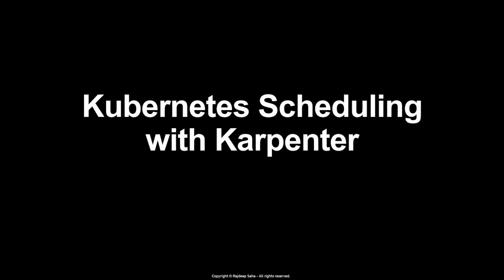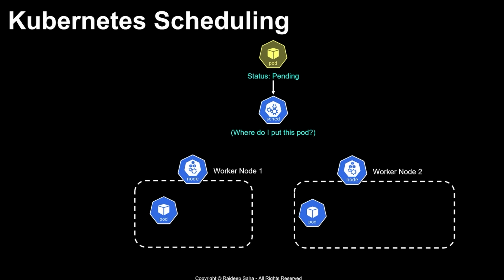In this lecture, we're going to understand how Karpenter works with Kubernetes scheduling. Before we jump into the Karpenter part, let's quickly talk about Kubernetes scheduling. So what does it mean by Kubernetes scheduling? Anytime a pod goes to a pending state, it could be that the horizontal pod autoscaler is scaling out and creating new pods.